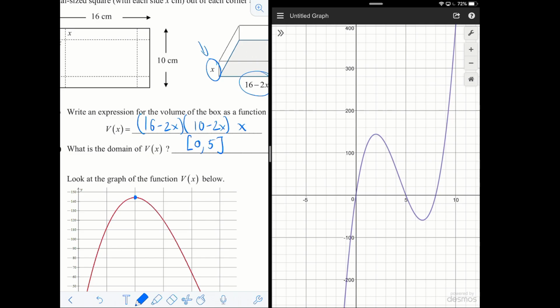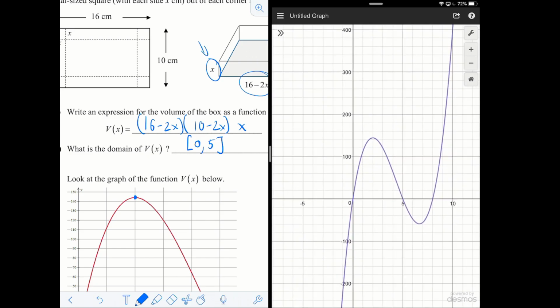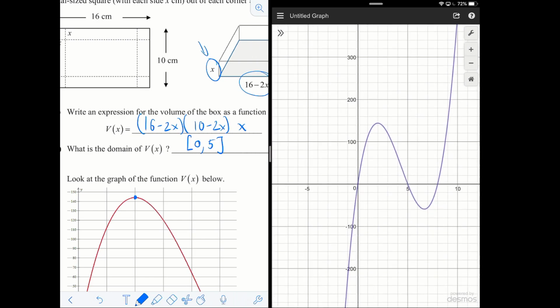So why was my domain only locked into this area right smack in the middle? The reason is that when it dips down below, that means I technically have a negative volume, and that's not actually possible for these types of problems. So I'm really locked in only between 0 and 5.